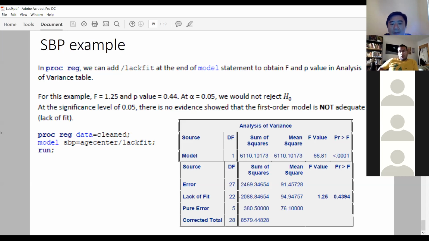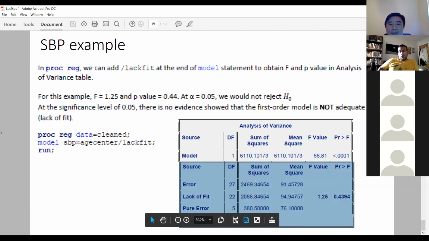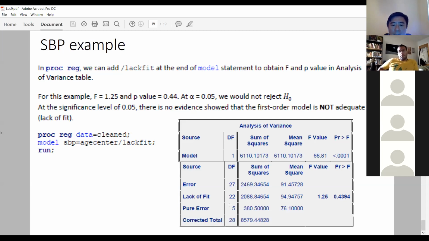But the key thing is the interpretation for that part. The lack of fit has degrees of freedom automatically calculated based on the total sample degrees of freedom, which is 27, 28 minus 1, minus the number of degrees of freedom for the pure error terms, and it calculates automatically.